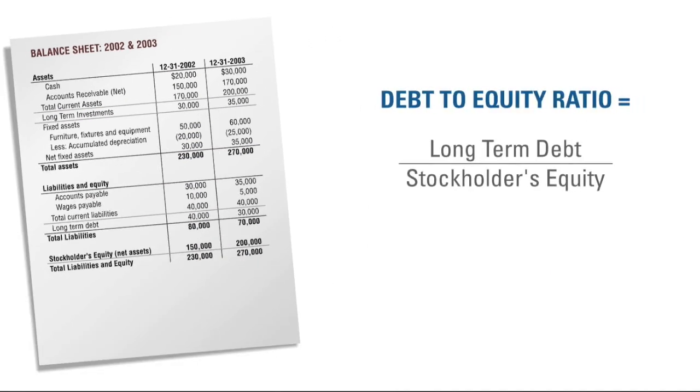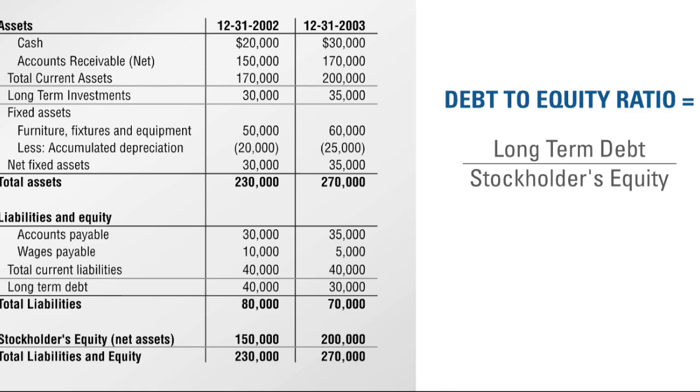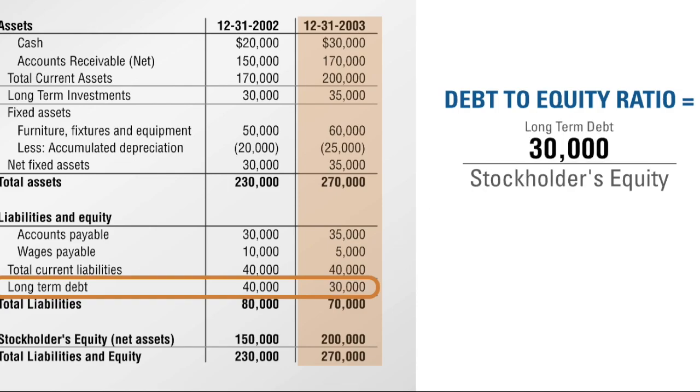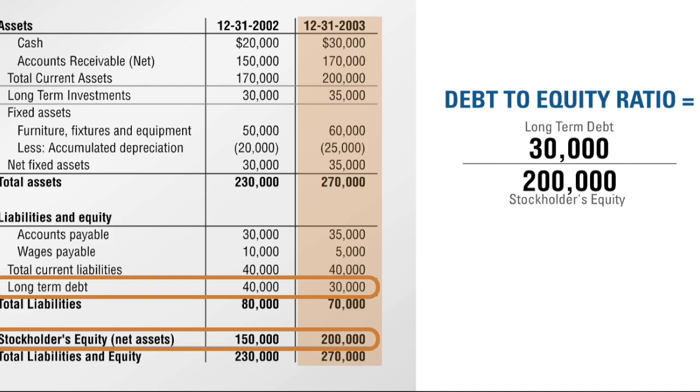Debt-to-equity ratio equals long-term debt divided by stockholders' equity. The debt-to-equity ratio compares the financial structure of a group and the manner in which its assets are financed. In our sample balance sheet, you can determine the debt-to-equity for 2003 by selecting the long-term debt, $30,000, and the stockholders' equity, $200,000.